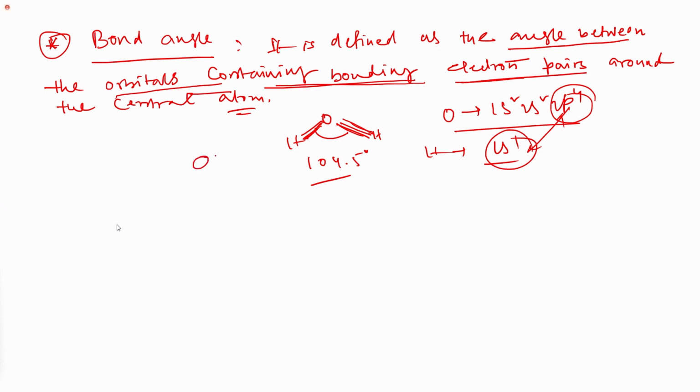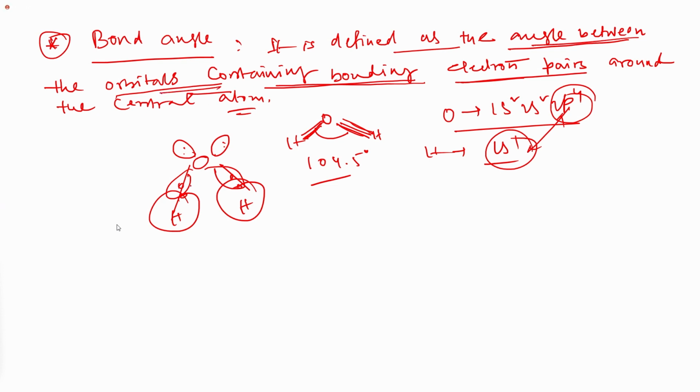If I draw it, this is the lone pair and this is the 2p orbital, this is the 1s and this is the 1s. These orbitals have the two bonded electrons. So it is defined as the angle between two orbitals. This is one orbital, this is the other orbital, and whatever angle is between these two orbitals, that is called the bond angle.